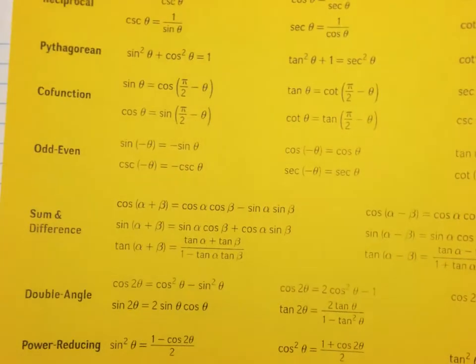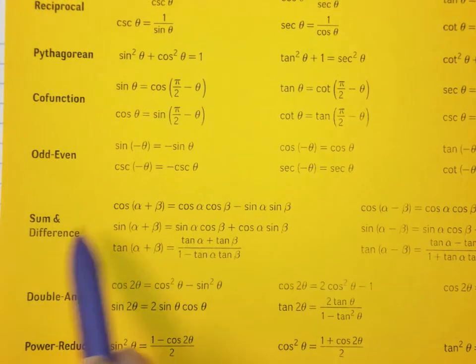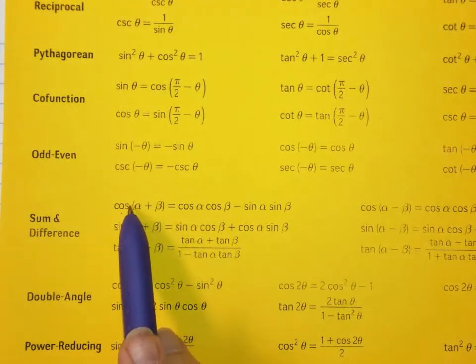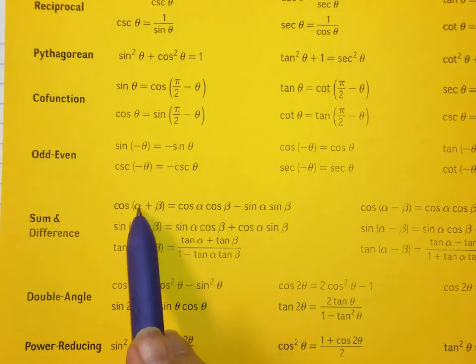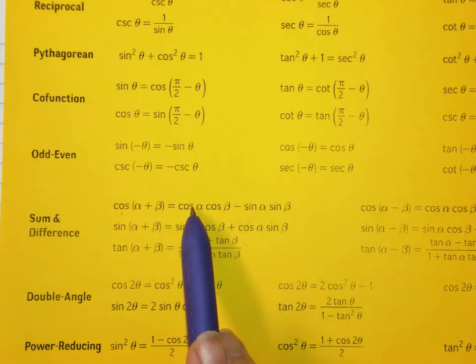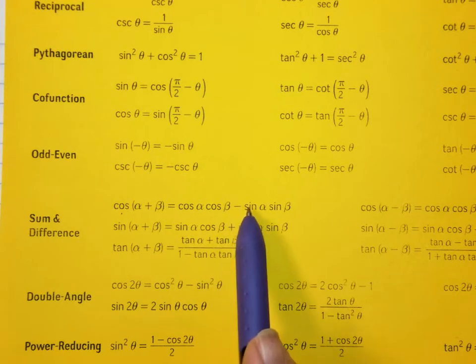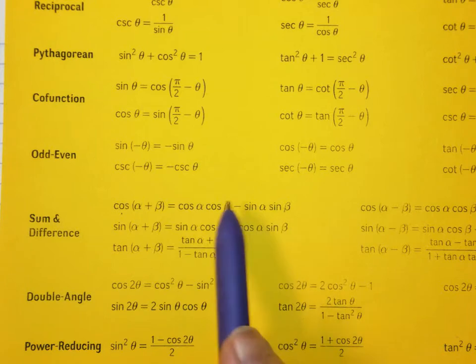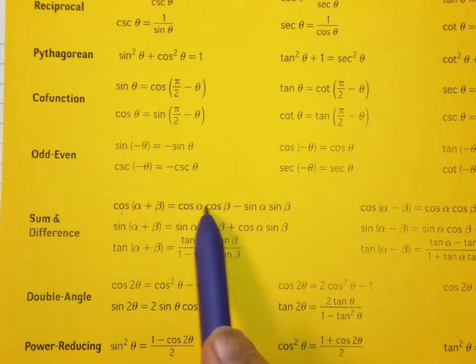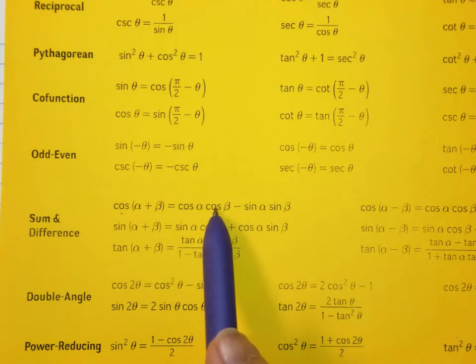So I'm going to look at my formula chart for cosine. The sum of 2 angles equals cosine of the first, cosine of the second, minus sine of the first, sine of the second. But this time the first and the second angle are actually the same angle.